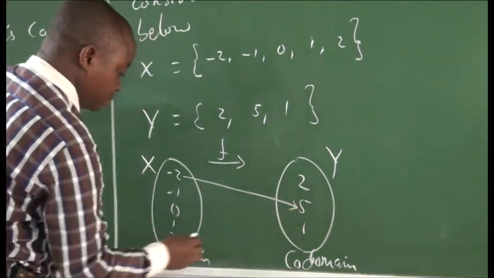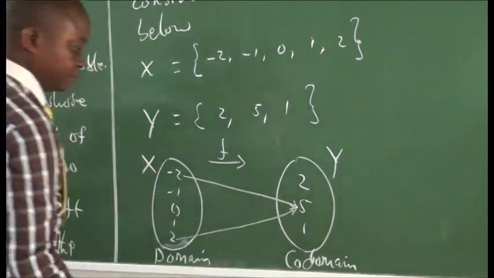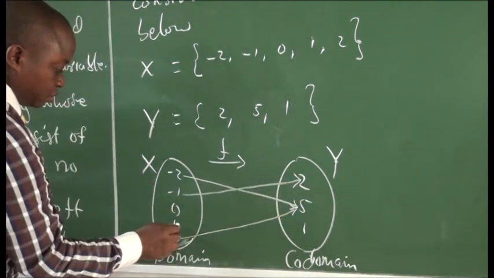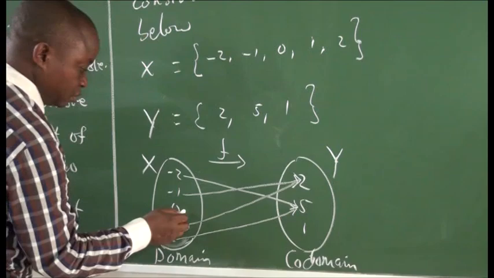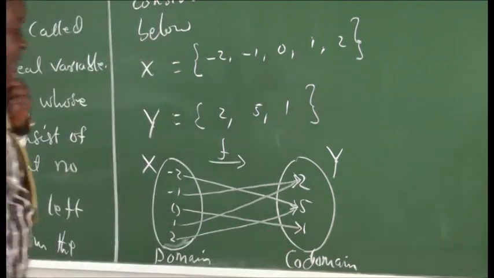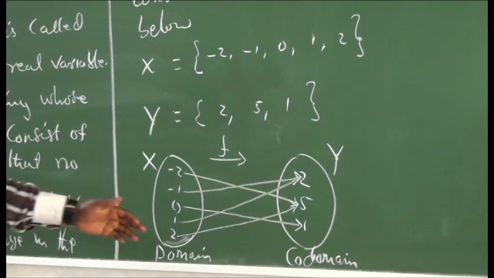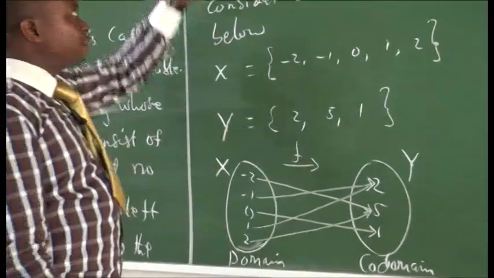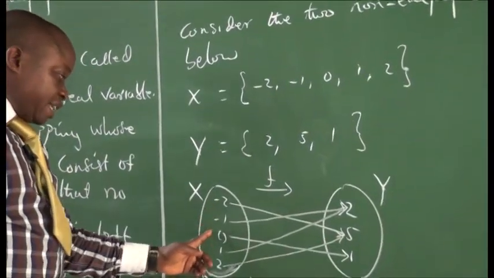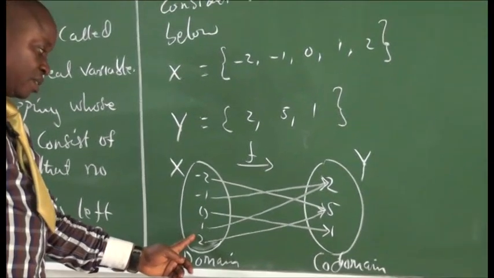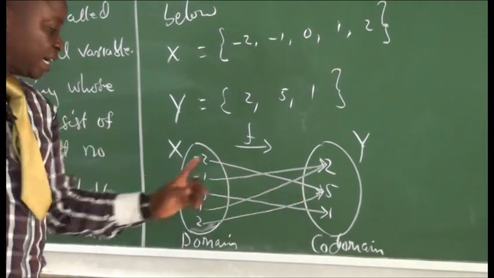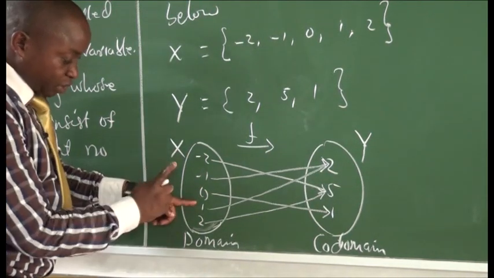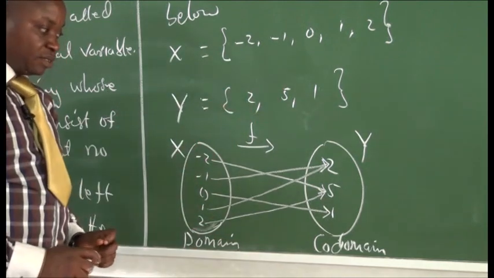Now, there is a rule that assigns these values. We are going to discover the rule that directs these arrows. But from what we defined here, you see that no element is left in the domain without being assigned an image, and no one element, any particular one, will have two images.